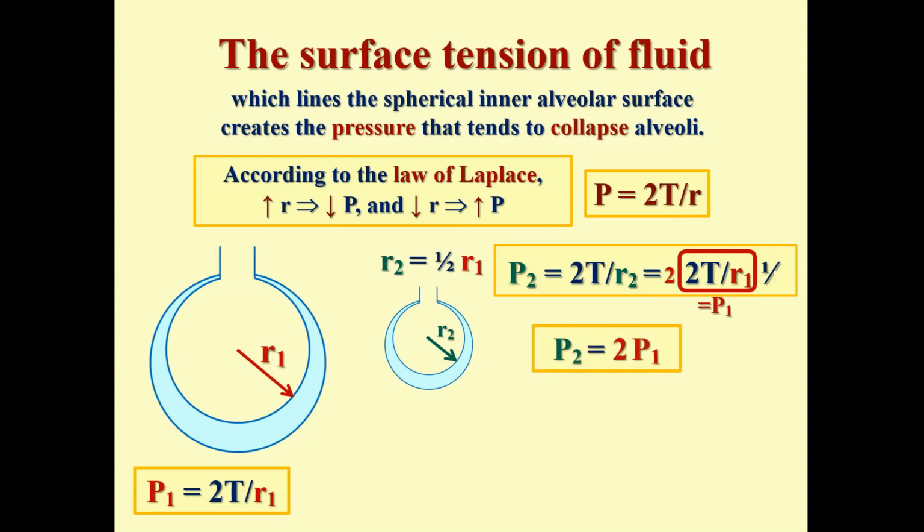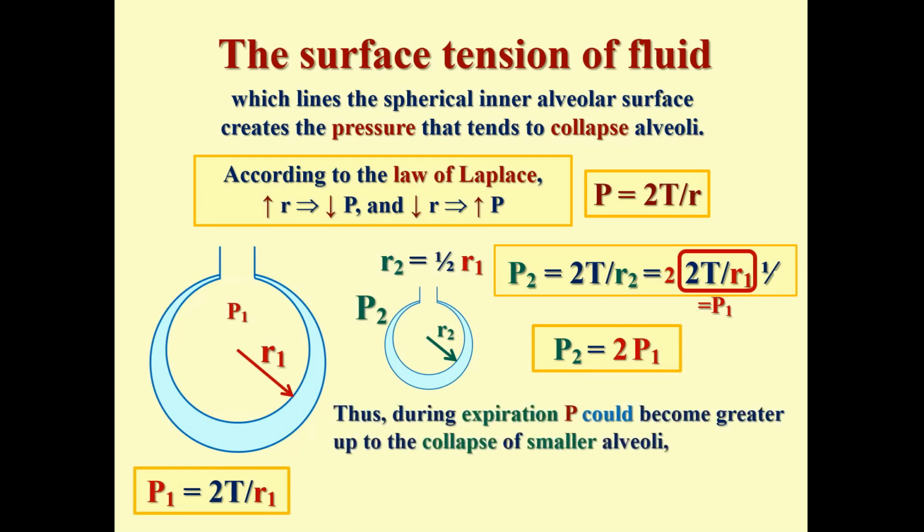So actually the pressure in the smaller alveolus that tends to collapse it is 2 times higher than the pressure in the first large alveolus. So that's what is described by the law of Laplace, and you see this law is not good for our alveoli. Pressure in large alveoli that tends to collapse them is less than pressure in smaller alveoli.